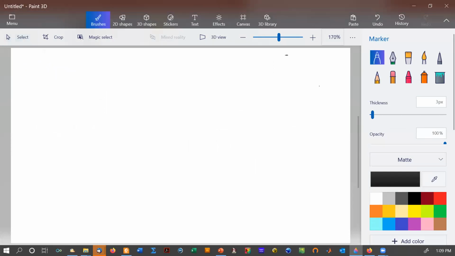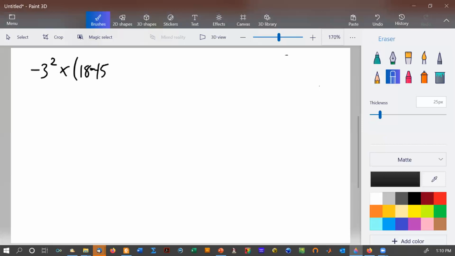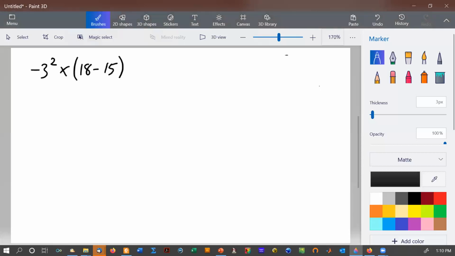So let's do minus 3 squared times 18 minus 15 plus 51. Gotta learn how to do the eraser. Oh, look at that. Okay.